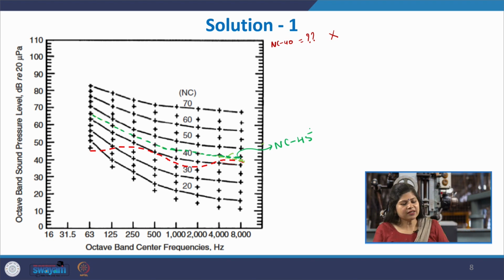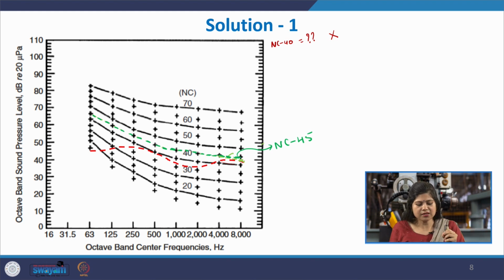You see that at NC 40, only for a few values is the octave spectrum of the measured environment greater than the corresponding NC 40 curve. So, NC is not 40 for this environment. Just above it is the NC 45 curve. This is the closest curve which is higher than or equal to the octave levels. We cannot say it is NC 50 or NC 60; they are all above it, but they are not closest.